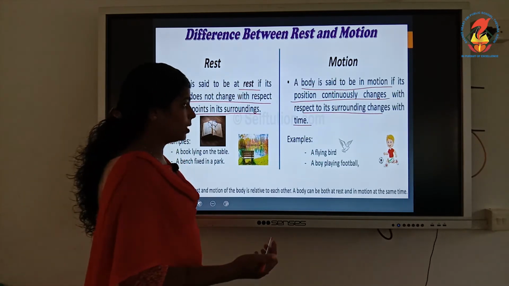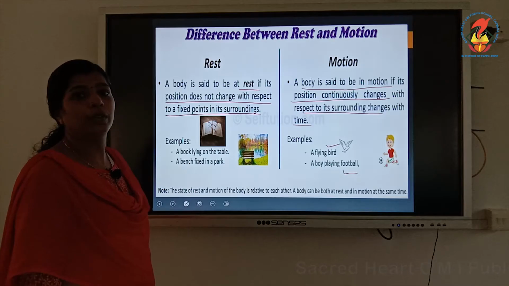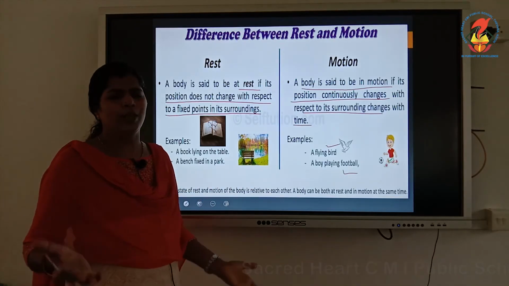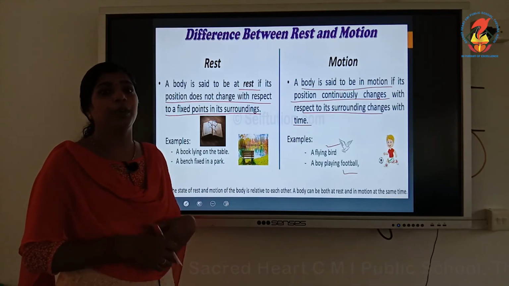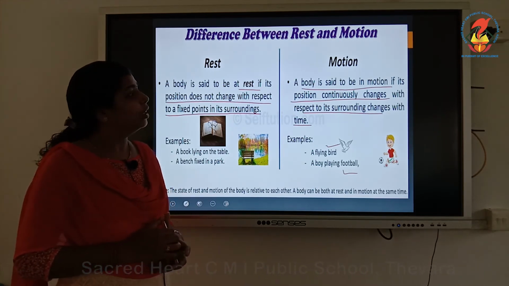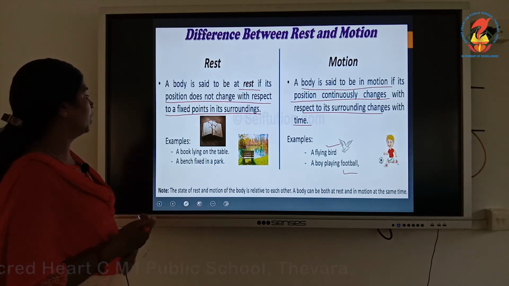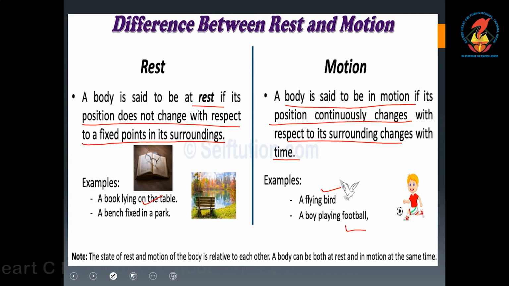Examples: a flying bird, a boy playing football, all are examples of motion. So many examples you can find from our nature. For rest also you can find: a book lying on a table, a bench fixed in a park, all these things are at rest.